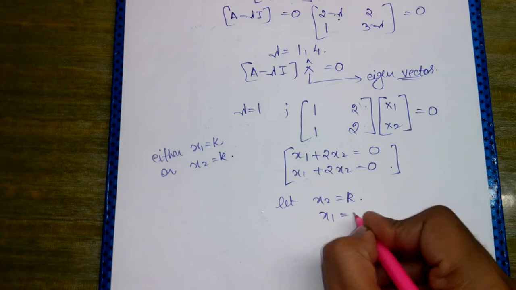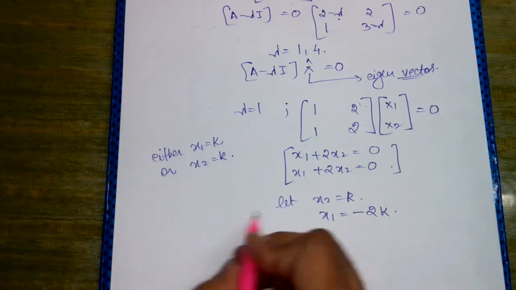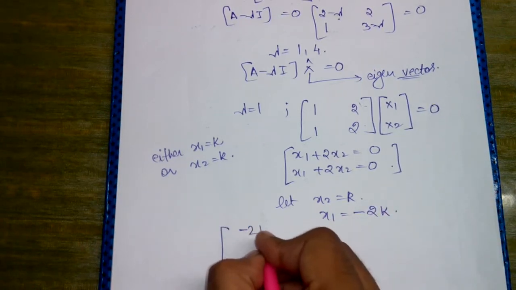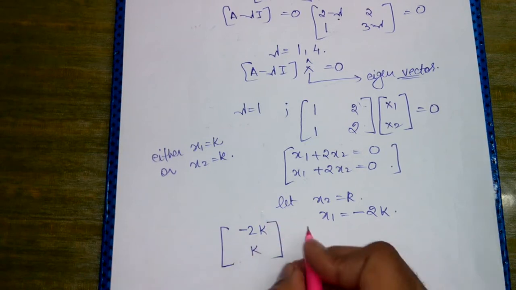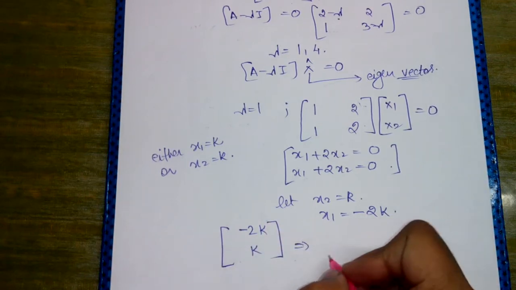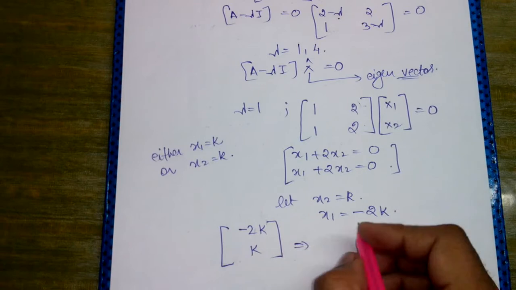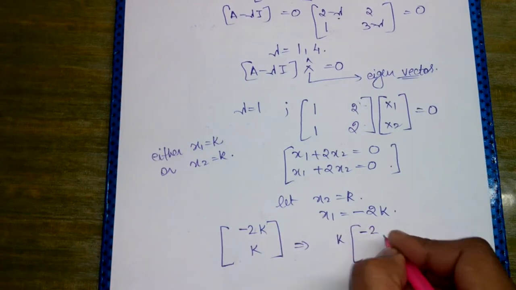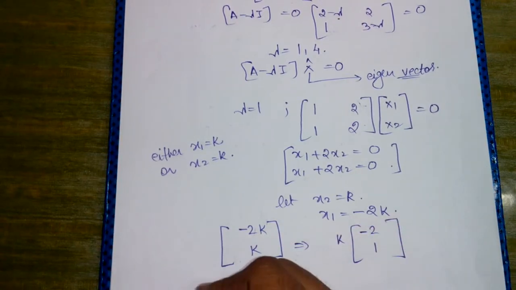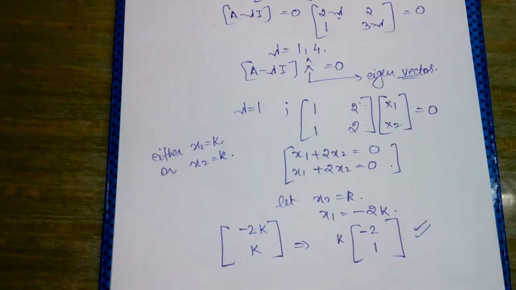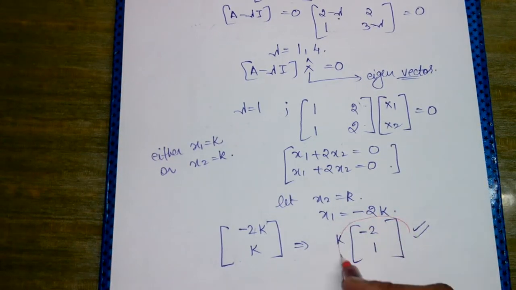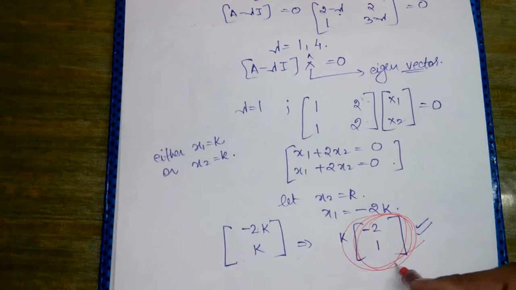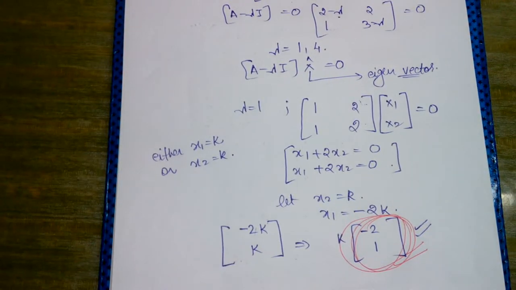So x1 equals minus 2k. So we have minus 2k and k, such that the vector, if we take k common from here, becomes minus 2, 1. Okay, so minus 2 and 1 can be the eigenvector for the given matrix.